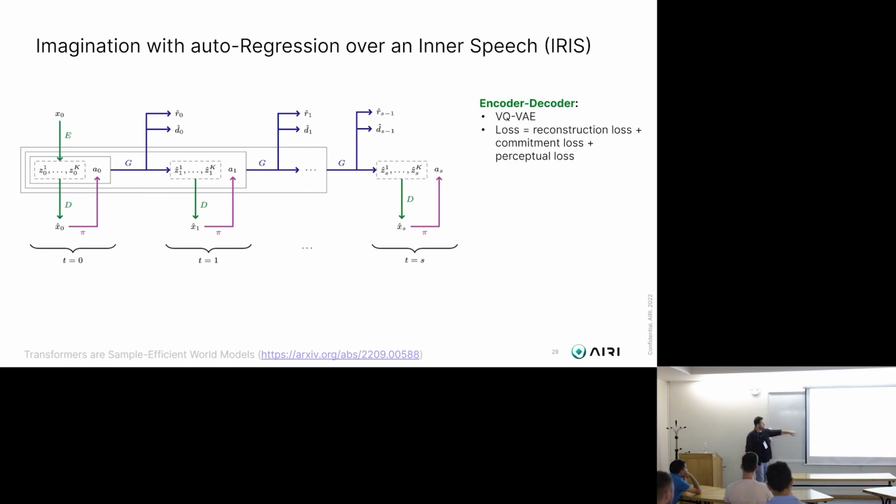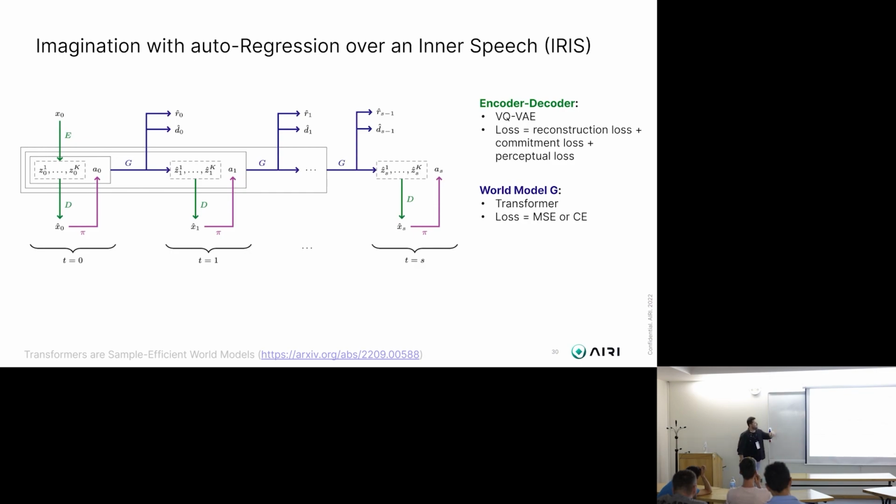Then using this predicted state, we can use the policy to predict the next action. And then having this action and the latent tokens of the state, we use transformer model G that predicts the reward on this time step, whether the state is terminal or not, and also the next tokens which we will decode later into the image of the next state.